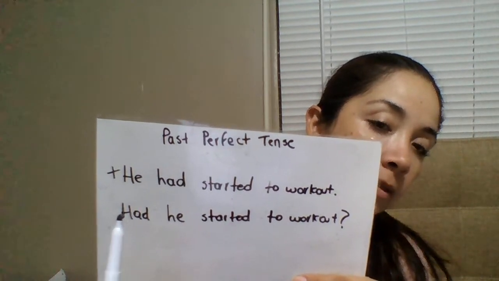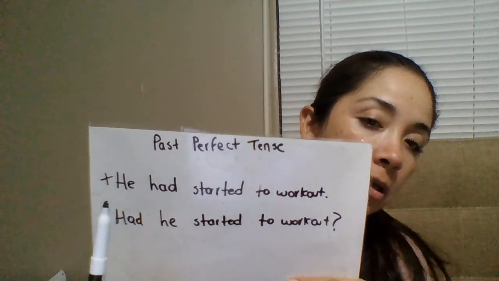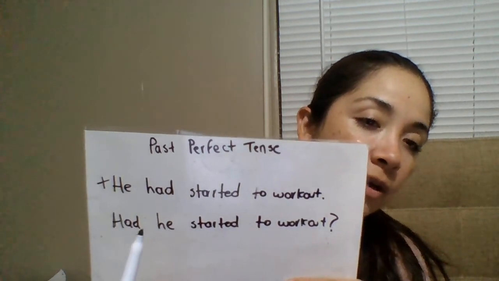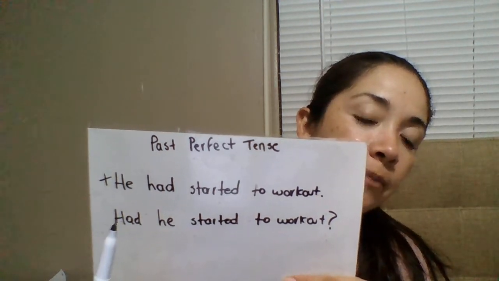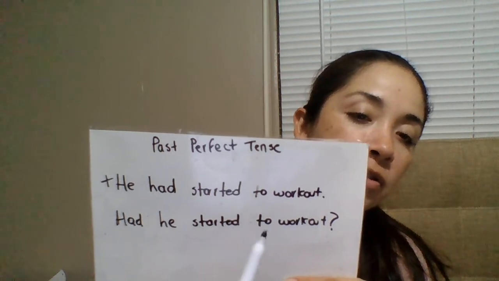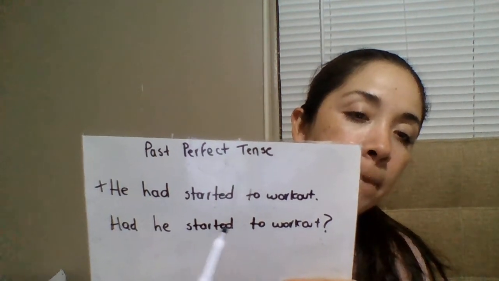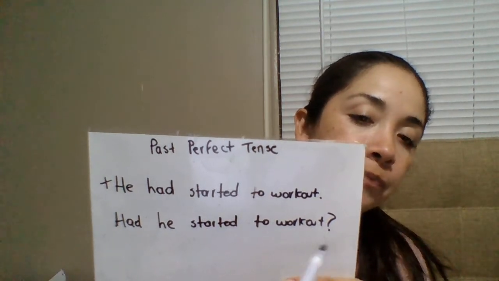Had is the auxiliary, okay? The auxiliary of the past perfect. Had, we start the question with had. Had he, subject, started, verb, to work out?